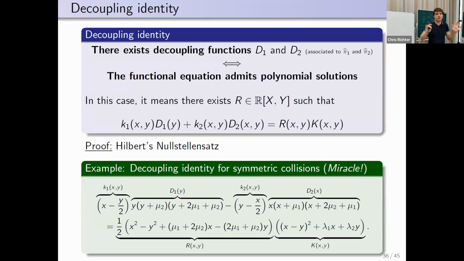But you find it and you are happy because you find D1, you find D2, and it will give you the solution at the end. Yeah, the miracle has to happen. So it's a miracle, and this miracle happens only when gamma is an integer, or gamma 1 and gamma 2 are integers.